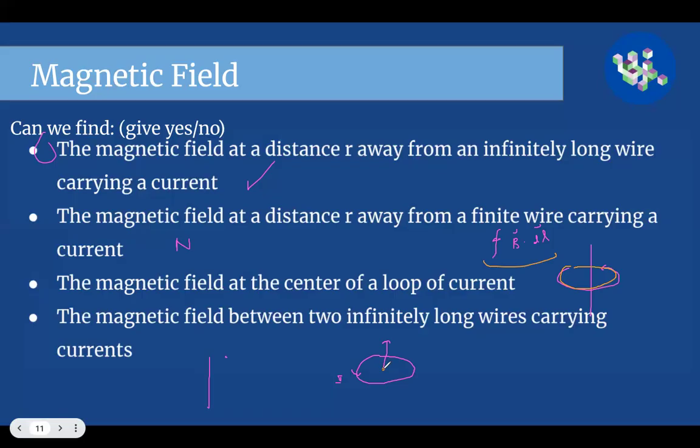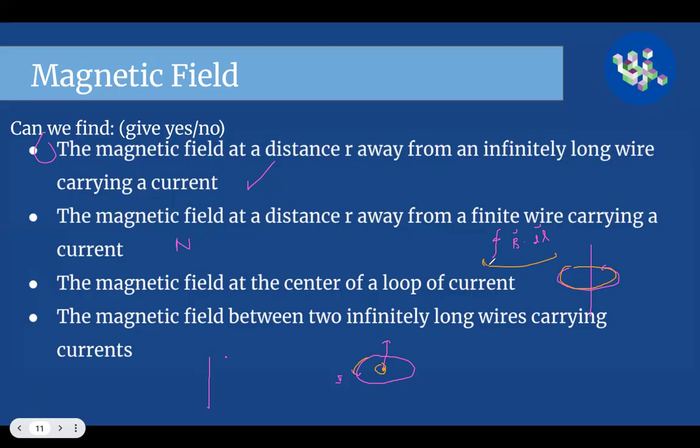That's not possible, because the center of the loop is the only place in space that has that certain magnetic field. You can't have a non-zero path.